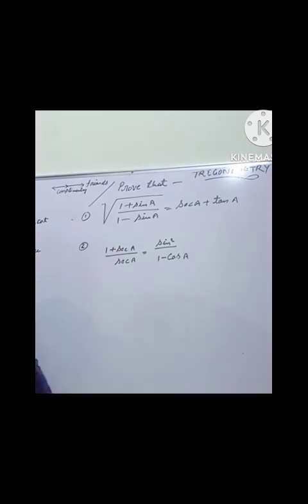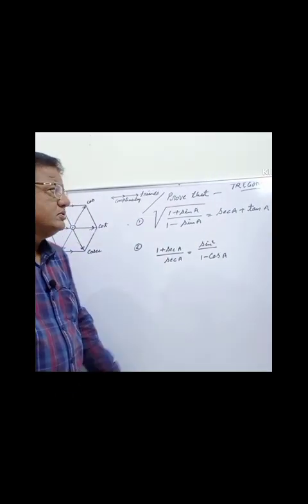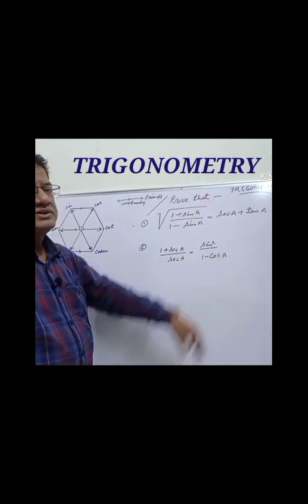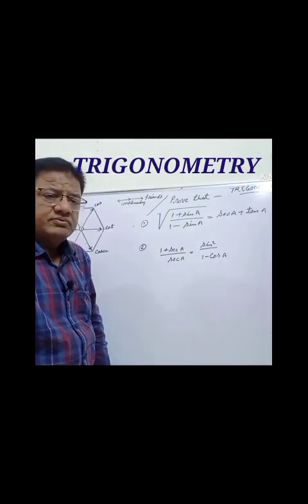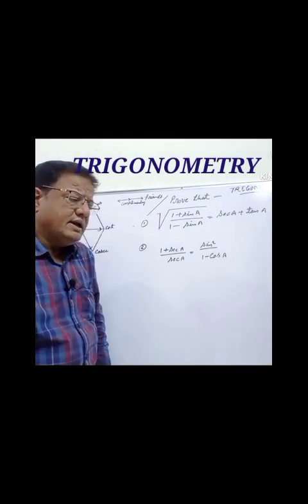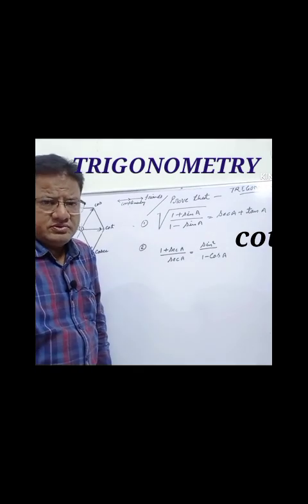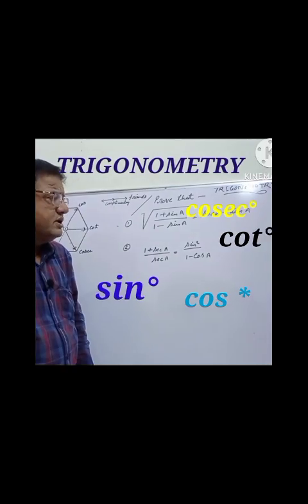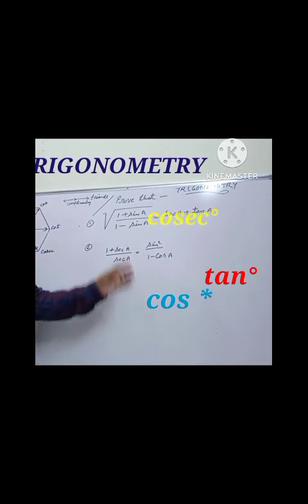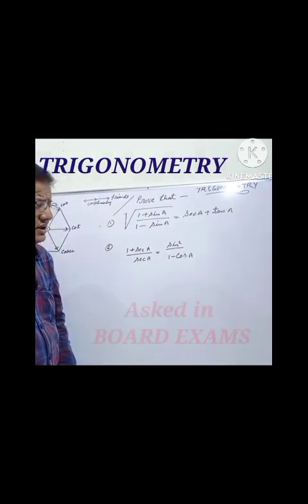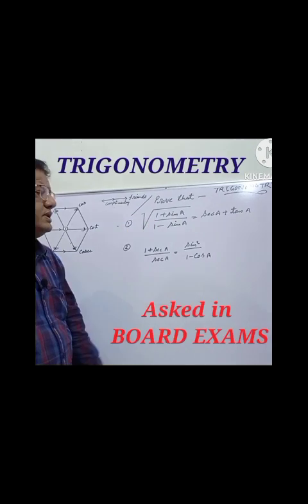In previous videos we have covered trigonometry, its meaning, some identities and trigonometric ratios, etc. But now the turn is of this type of question in which we will have to prove them.